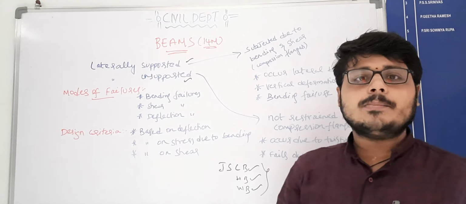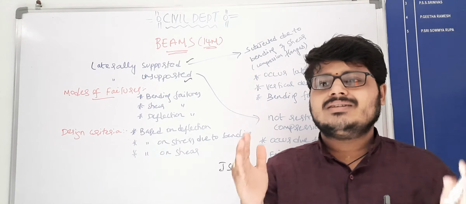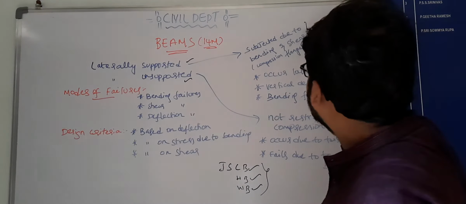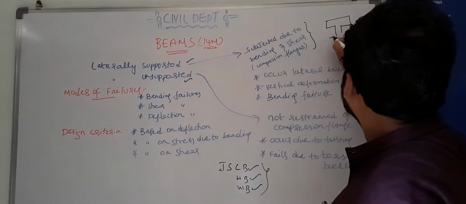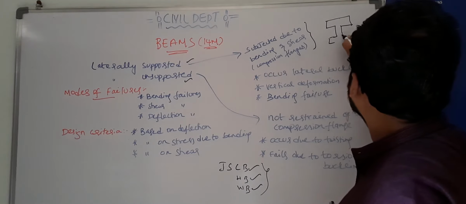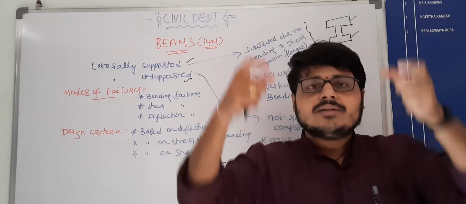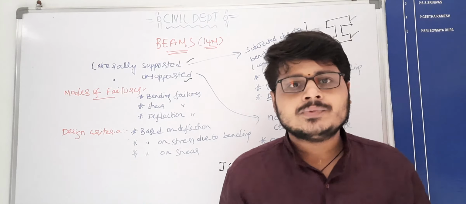Laterally supported means the beams are mainly on supports, which are fixed or simply supported, and the compression flanges, in case of an I section, are restrained, or supported to something.